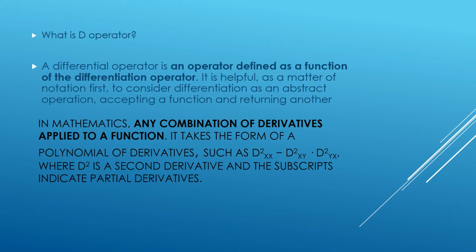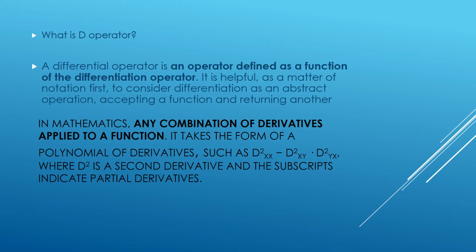When we write any differential equation, in the short form we keep it as capital D. As a matter of notation, it considers mainly the differentiation as an abstract operation, and it accepts a function and returns another. In maths, there are many combinations of derivatives which are applied to a function.